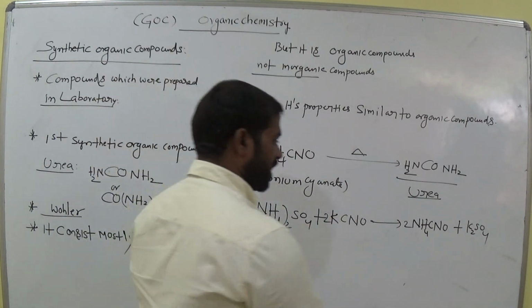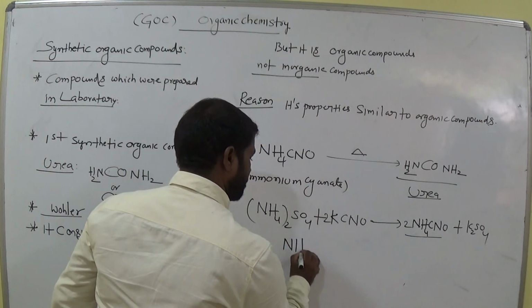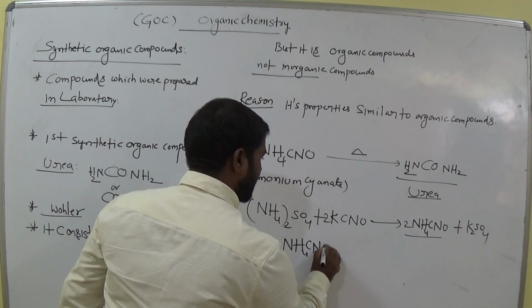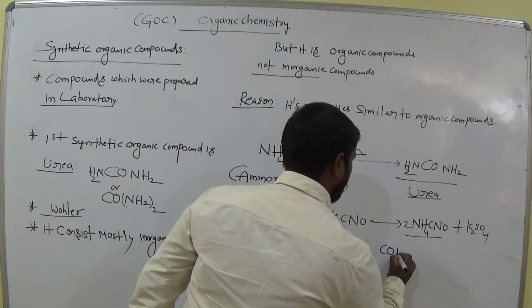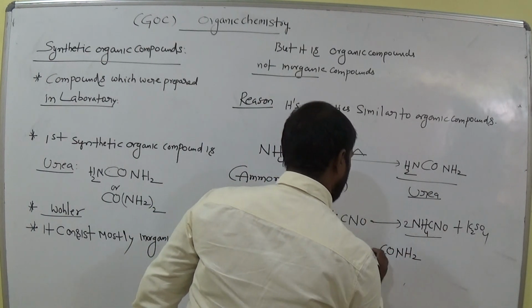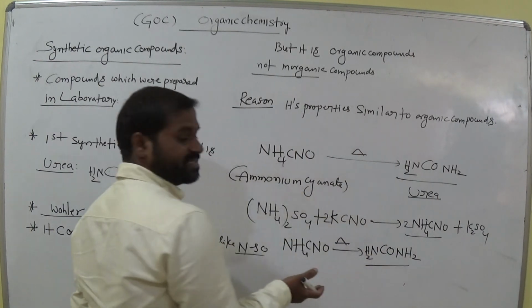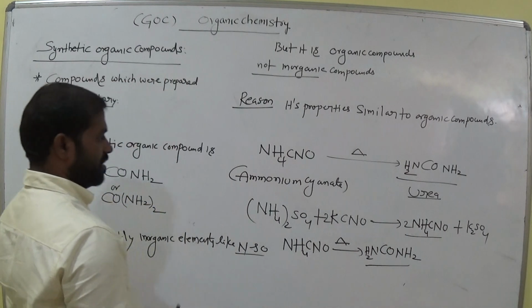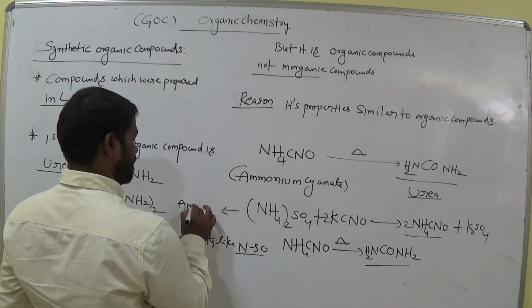This is ammonium cyanate again. Now this ammonium cyanate, on heating or rearrangement, produces urea, NH2 and NH2. This is also a method for the preparation of urea. What is the name of this one? Ammonium sulfate.